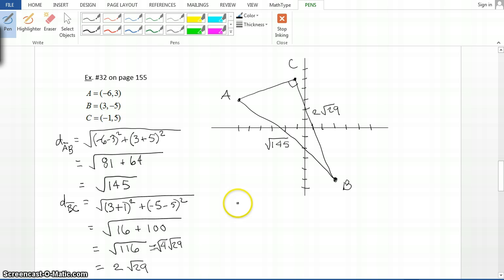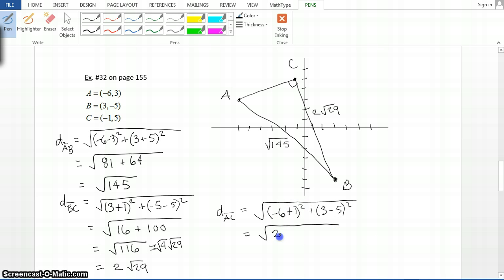Now, we just need from A to C. Alright, let's find that one out. From A to C, from here all the way down there, negative 6 minus a negative 1. Gotta square that, plus 3 minus 5, and then square that. That's a negative 5.